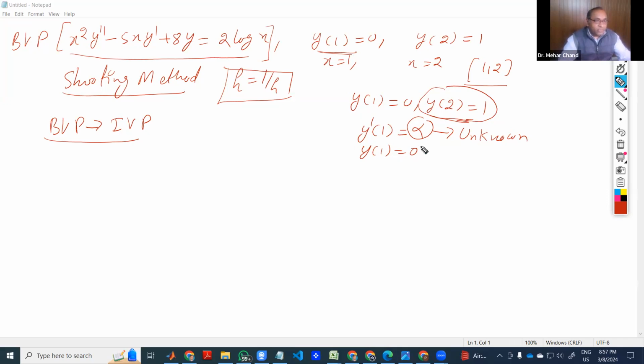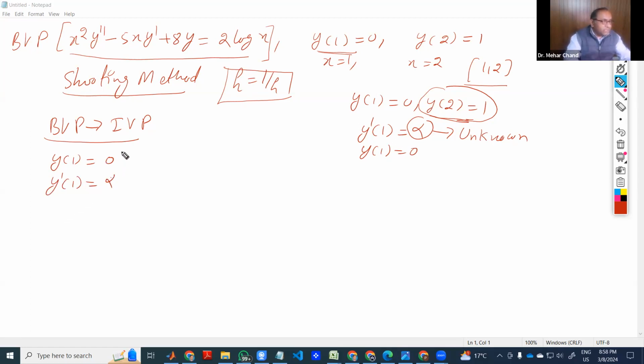So we will start by assuming two values of this alpha. Now we have these two conditions. One is y(1) equal to 0, and the other condition is y'(1) equal to alpha.